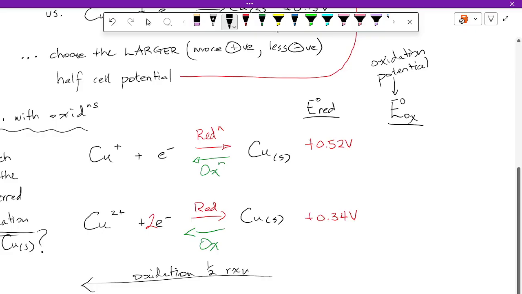If we are reversing the reaction, can you guess how we might find the potential of the reverse reaction? It's the easiest possible thing you could think of. Just make it negative. Or if it's negative, you make it positive. It's just like delta H. If you reverse a reaction, the sign changes.